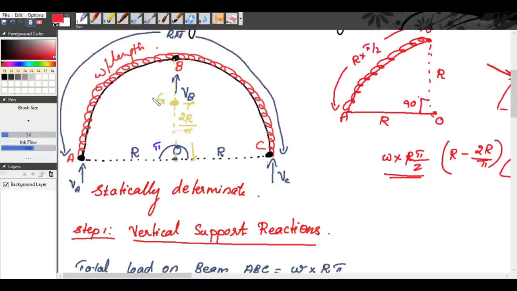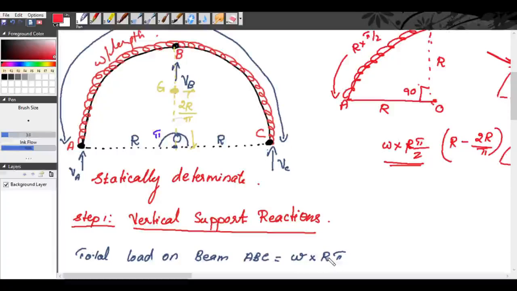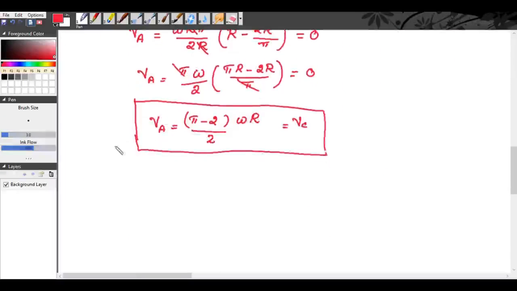Total load is W pi R, or W into R pi. So total upward reactions is equal to downward loads, and total downward load is W into pi R.